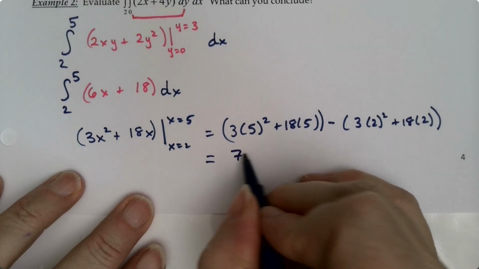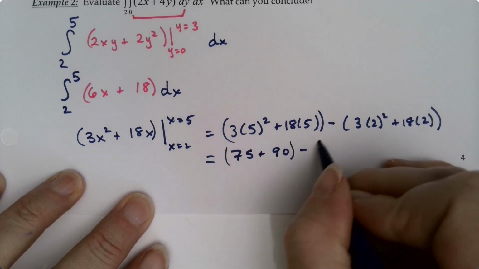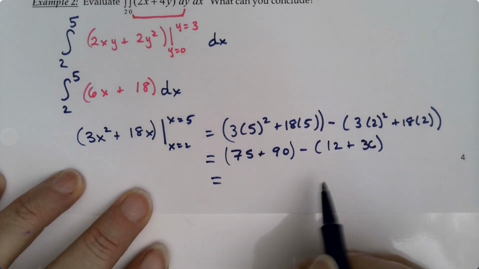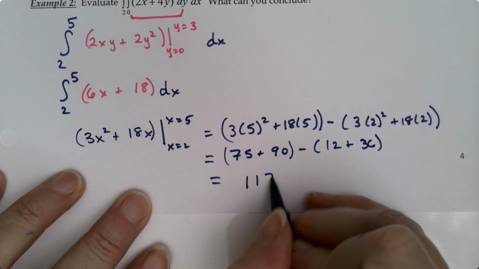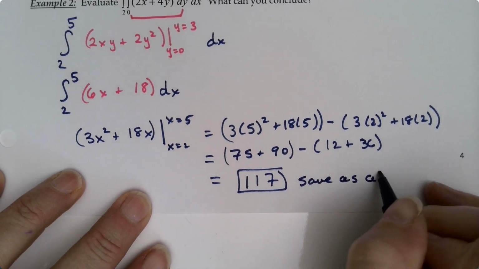This is 75 plus 90, take away 12 plus 36. So getting all of that done, it's 117. Same as above.